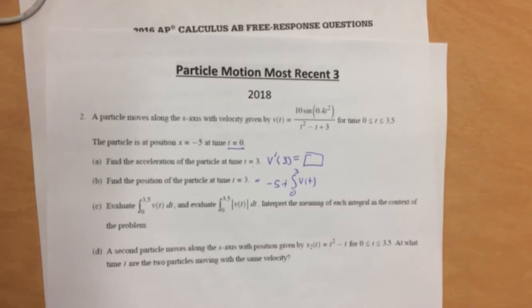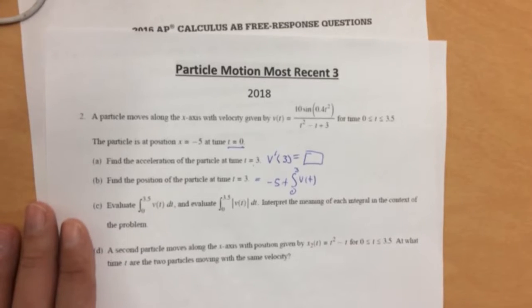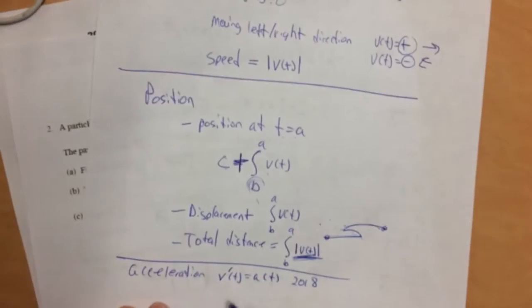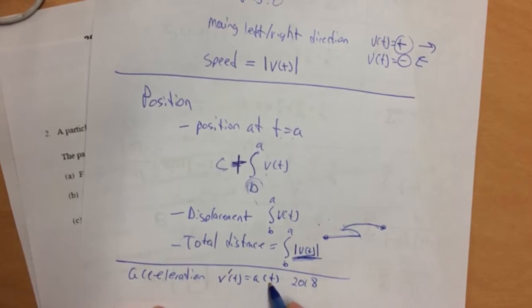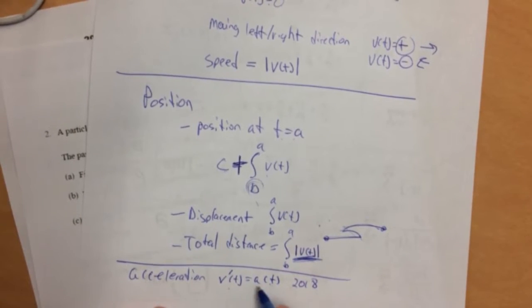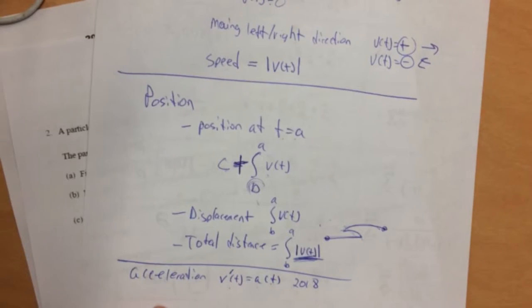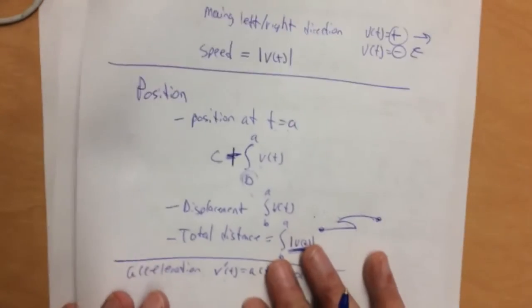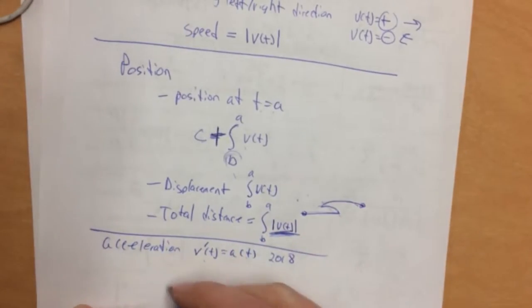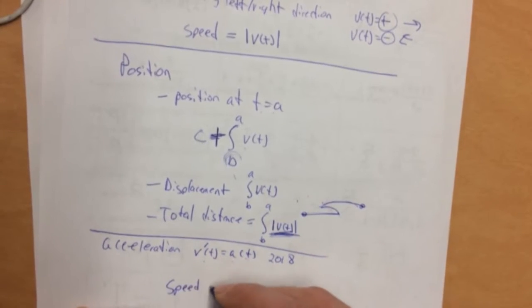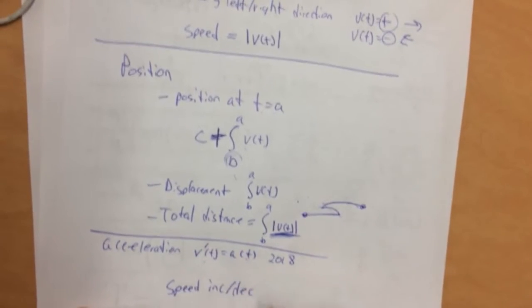Some other acceleration questions they could ask are, is the velocity increasing or decreasing? Remember that acceleration is the derivative of velocity, so if the acceleration is positive, the velocity is increasing. If the acceleration is negative, the velocity is decreasing. That hasn't come up recently. A very common question is, is the speed increasing or decreasing?